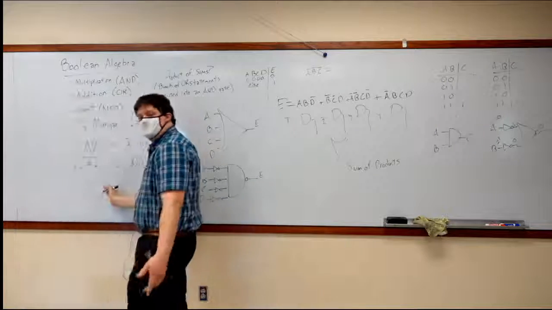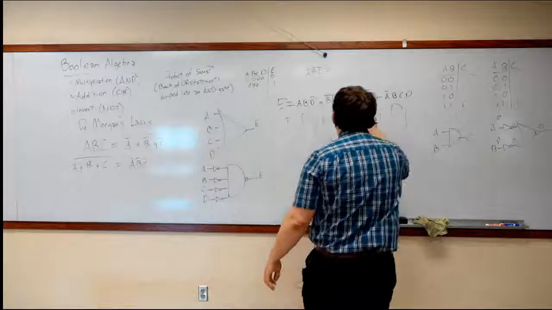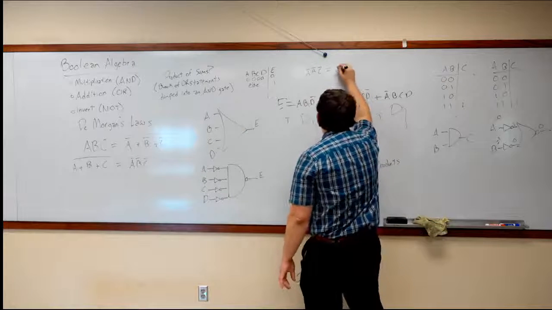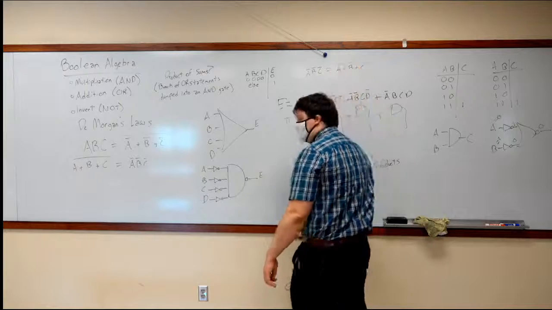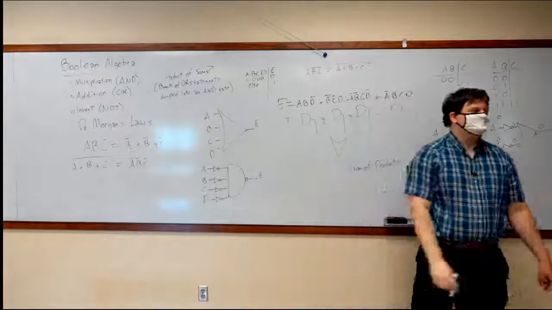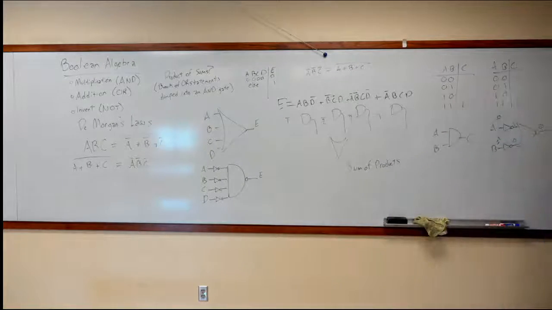These are equal to the same. It's equal to a NOR gate of A plus B plus C. Okay? And this can be useful if you just have systems of things where things are weird.